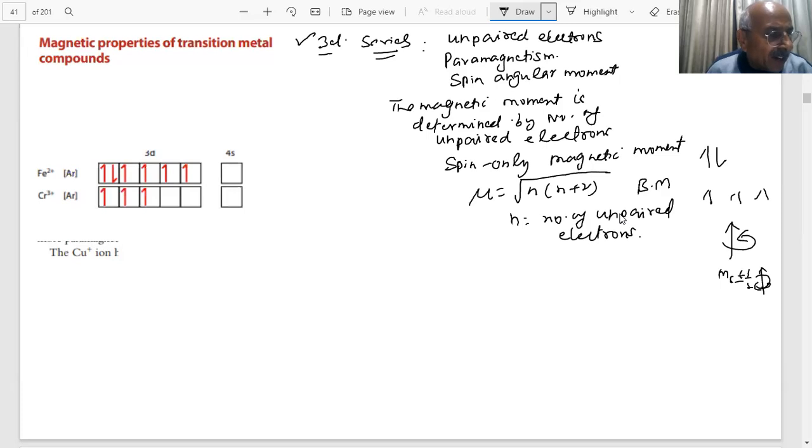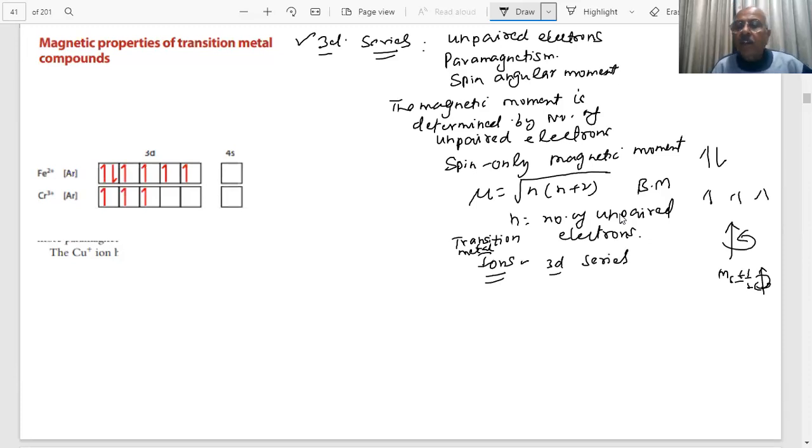If the number of unpaired electrons increases, the magnetic moment will increase, and they are calculated by the spin only formula and can be compared experimentally. And this applies to certain ions in solution or in solid state. The transition metal ions, which are 3d series here.